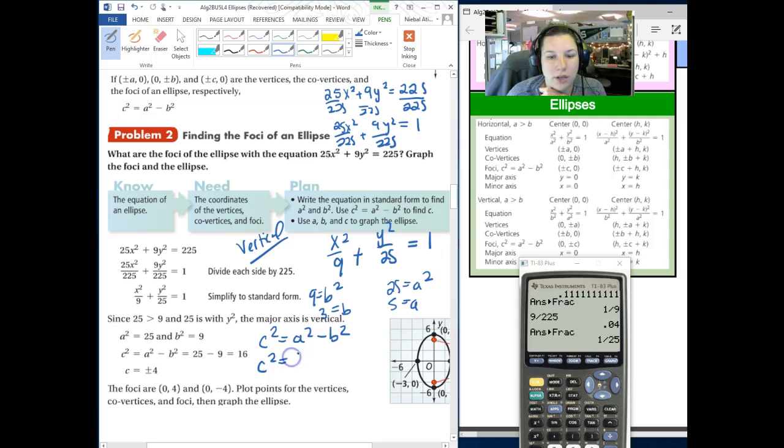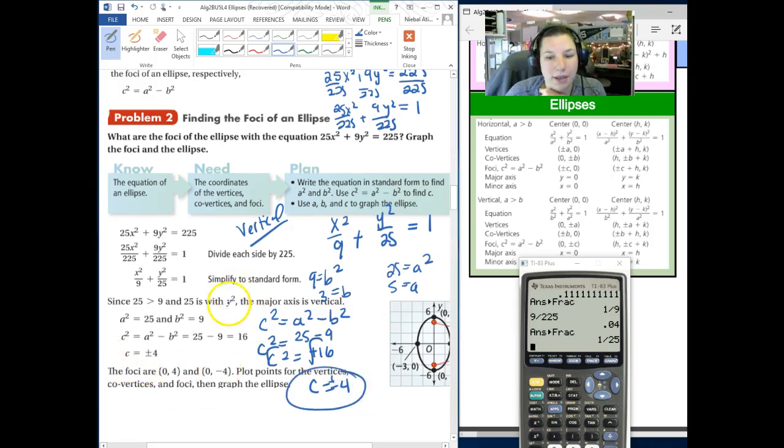So c squared is 25 minus 9, which is a positive 16. Take the square root, so c equals plus or minus 4.